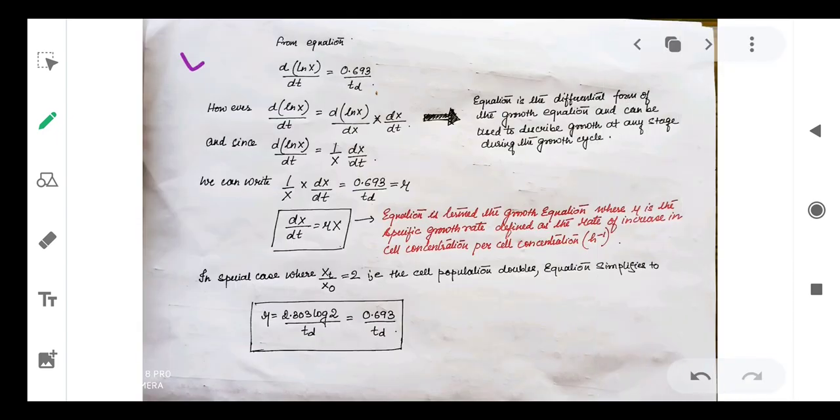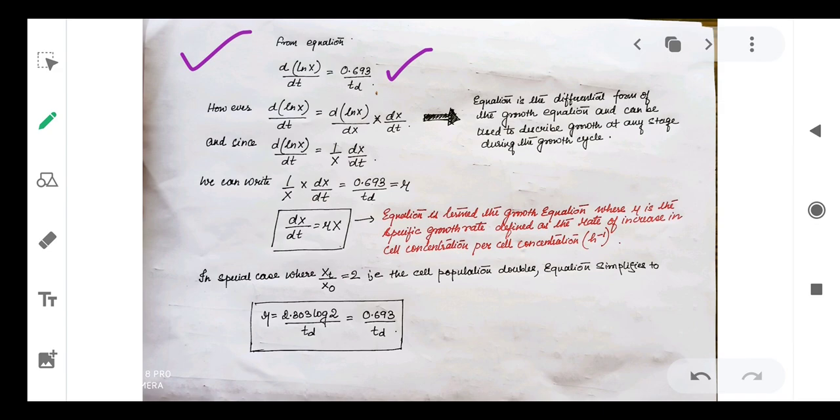Now, if you convert it into differential form, it is d by dt of ln X, which is equivalent to 0.693 by Td, which we have already got. However, if you further differentiate, d by dt ln X is equal to d ln X by dX into dX by dt.